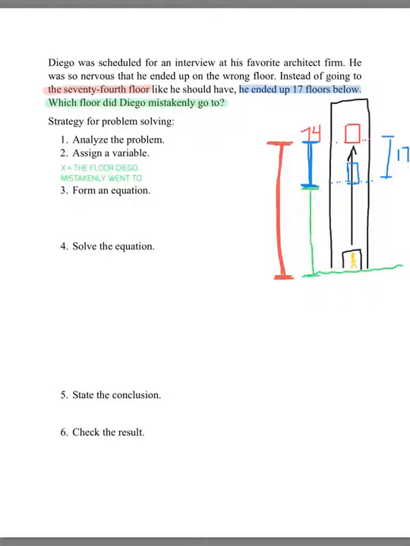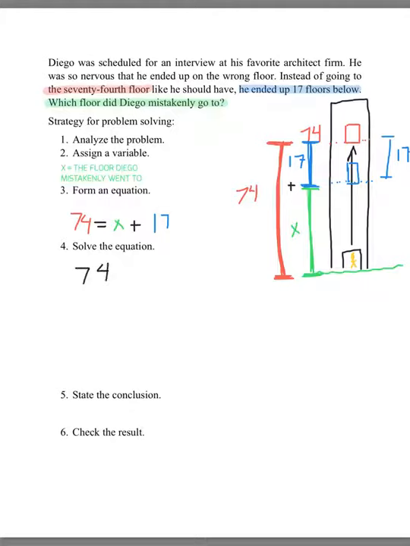What floor did he mistakenly go to? So 74 in red is equal to x plus 17. So there you go: 74 is equal to x plus 17.